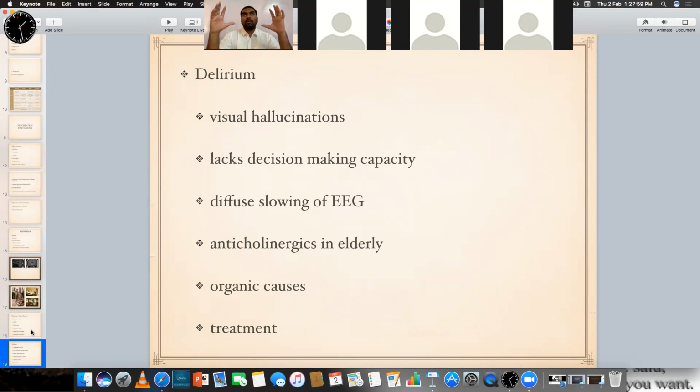Now usually these patients have substance abuse, they're in the withdrawal phase, or they have OD'd with any psychostimulant. OD, do you understand? Overdosed. So these are the people who are usually diagnosed in a hospital setup.